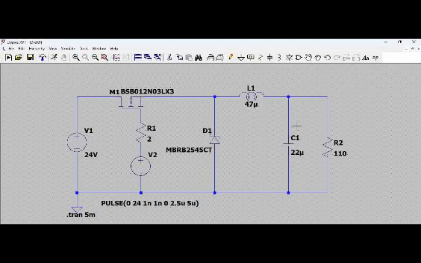So the current that is flowing through the inductor and the actual voltage that is being developed on the output are very, very critical scenarios. These play a major factor in selecting the inductor and the capacitor.